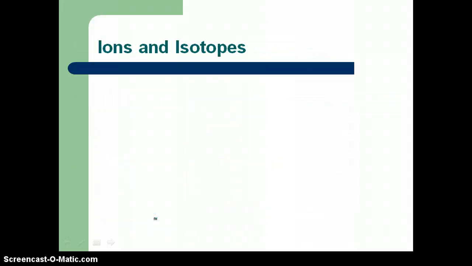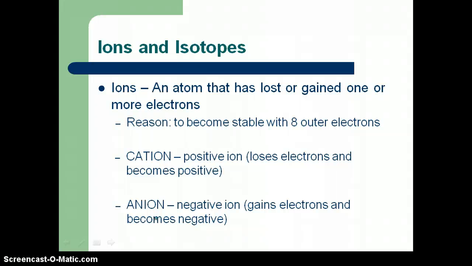Okay, so some key words for today are ions and isotopes. Ions mean that they have lost or gained 1 or more electrons. We're going to practice this with worksheets, so make sure that you take time to practice these and understand them. Ions happen because they try to bond with something else.